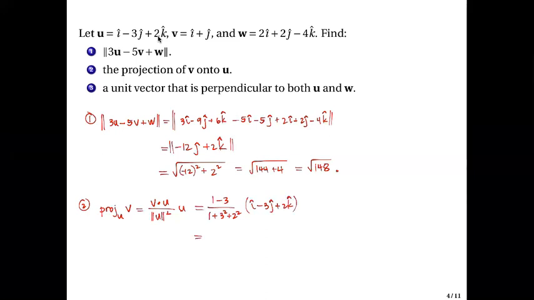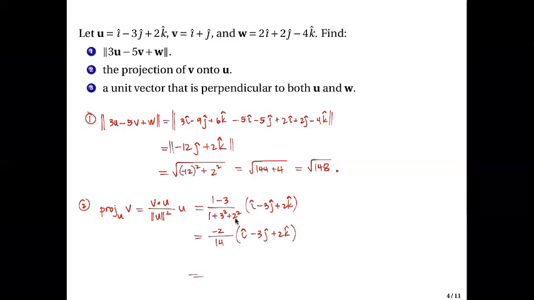So if we simplify this, we have negative 2 divided by 1 plus 9, that's 10, plus 4, so we have 14. Then i hat minus 3j hat plus 2k hat.